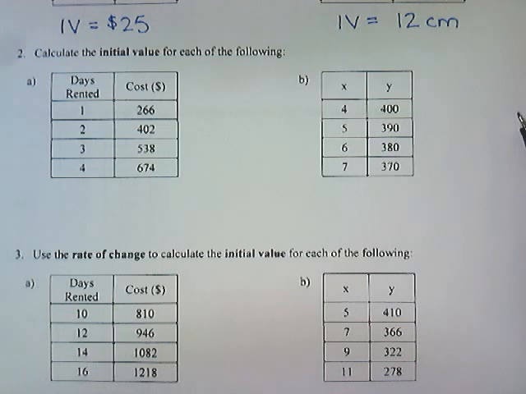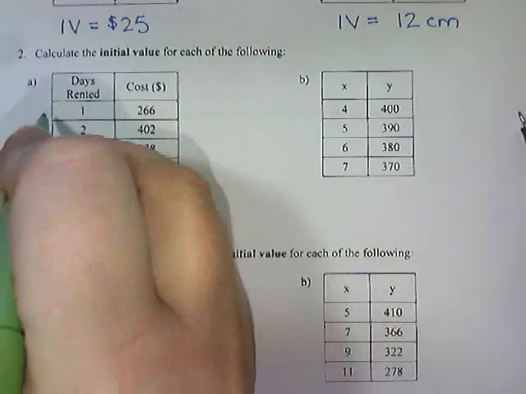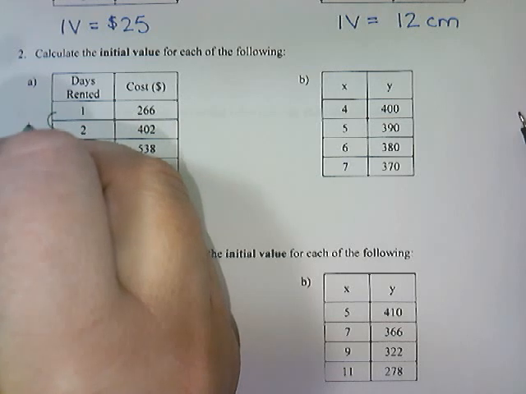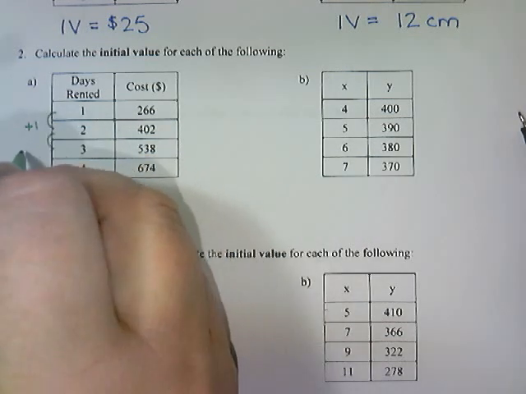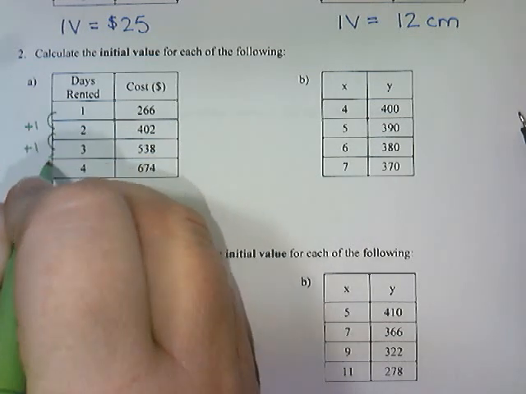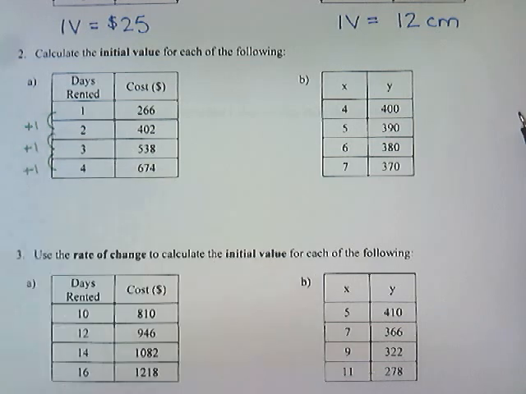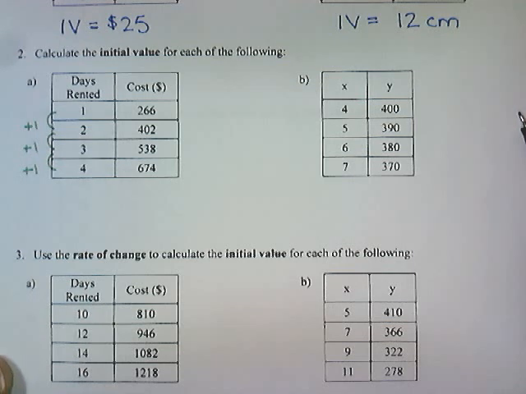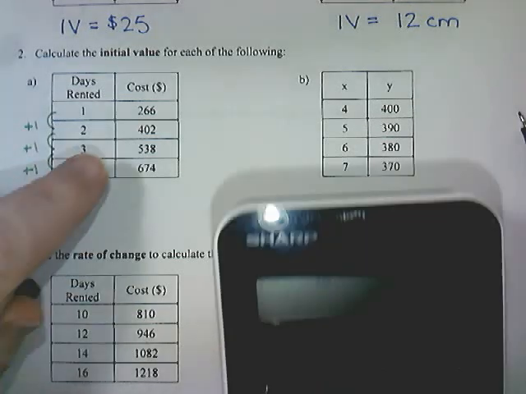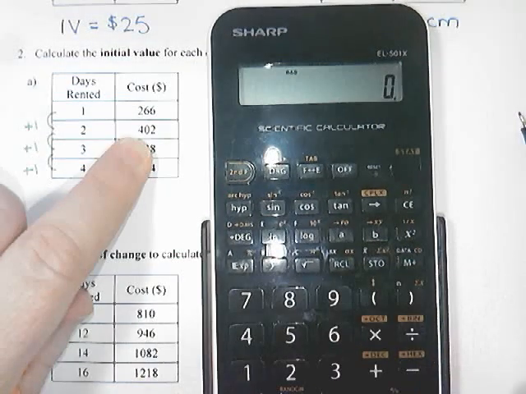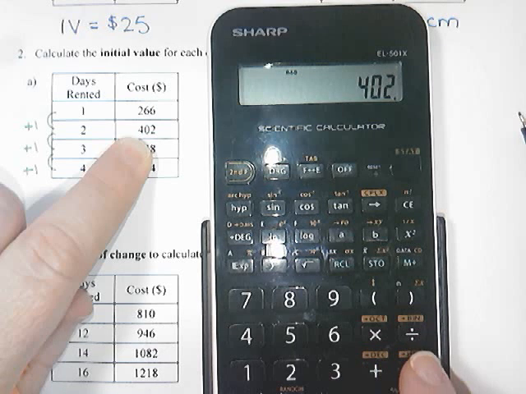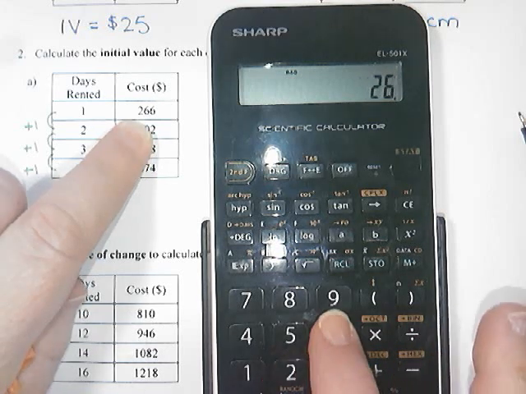So I notice on the days rented side, to get from 1 to 2, I would add 1. From 2 to 3, we would add 1. And from 3 to 4, we would add 1. And then on the cost side, from 266 to 402, I'm not sure what that is, so I'm going to calculate. Second number, 402, take away the first number, 266.